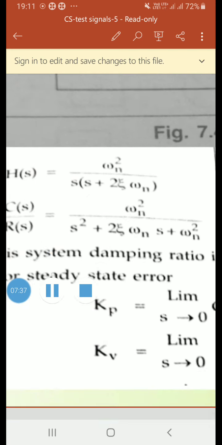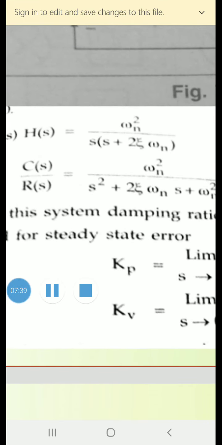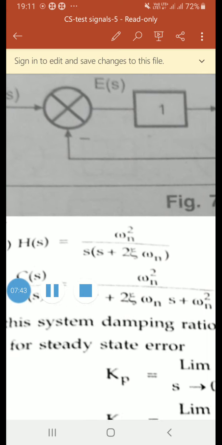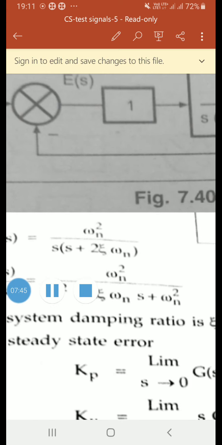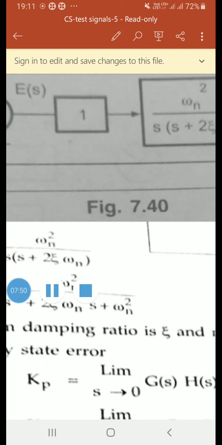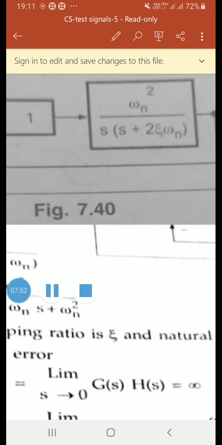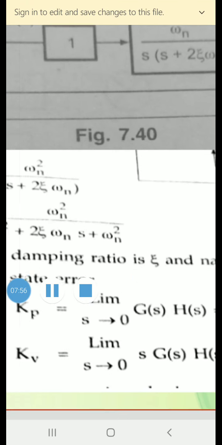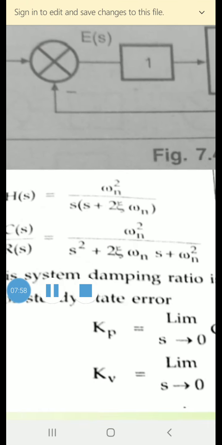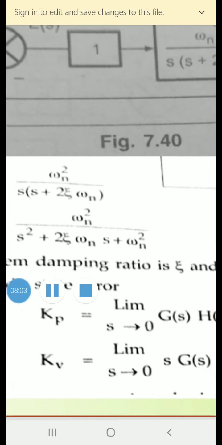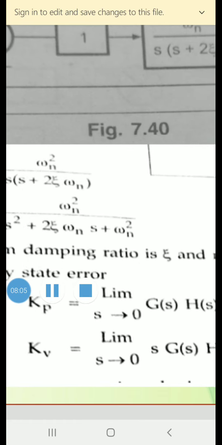Now from this we can write G of s H of s. So what is G of s H of s? Omega n square by s into bracket s plus 2 damping ratio omega n. So C of s by R of s is equal to omega n square by s square plus 2 damping ratio omega n s plus omega n square.